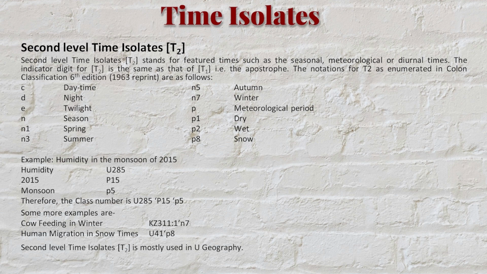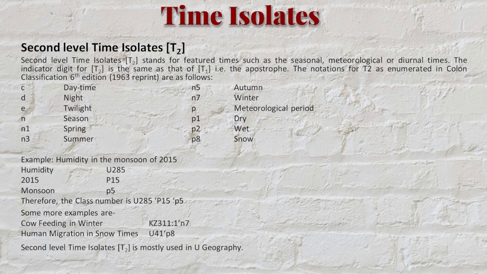And the monsoon, here the meteorological period shown as P5. Therefore, the class number will be U285 apostrophe P15 apostrophe P5, small p5.